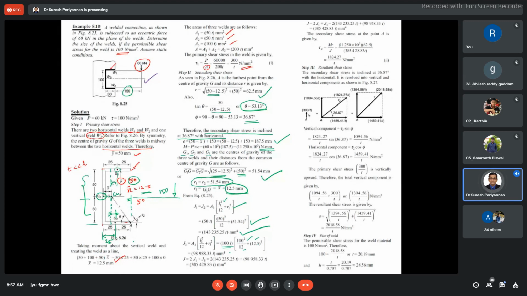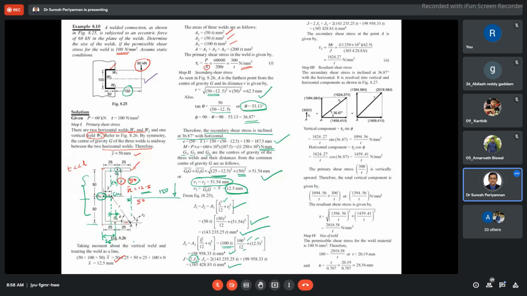This is our J3. Now J1 plus J2 is nothing but 2J1 or 2J2, plus J3. This is our common moment of inertia with respect to the center of gravity CG for all the welds.